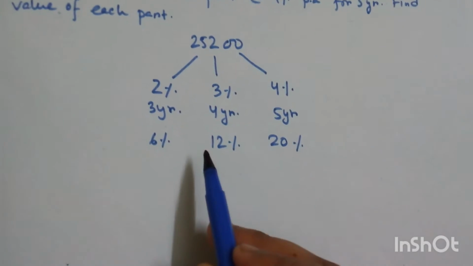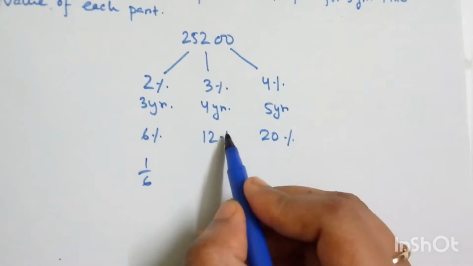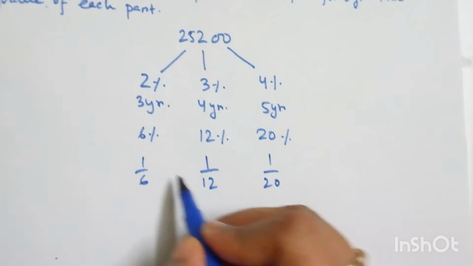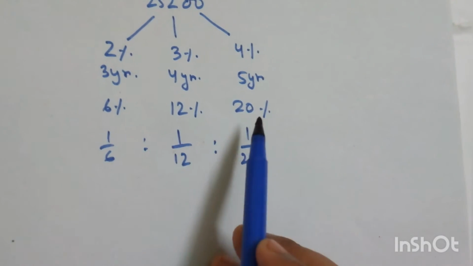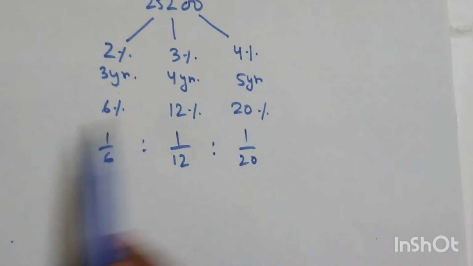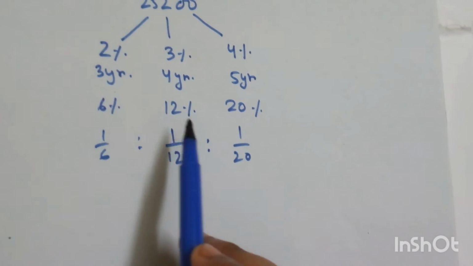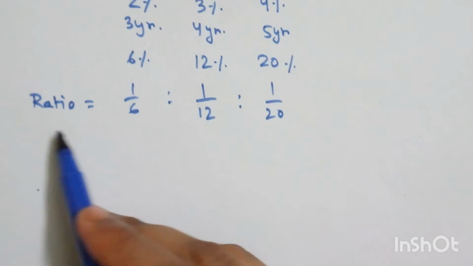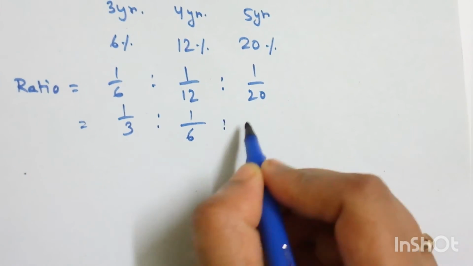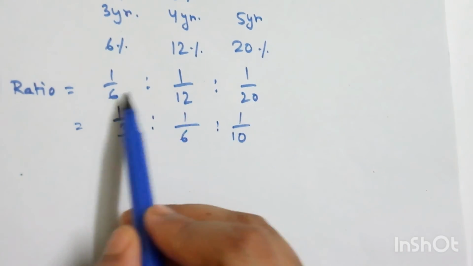The ratio of the 3 parts will be 1/6, 1/12, 1/20. Just the reciprocal of these numbers. As it is percent for all these 3, it will be 6/100, so 100 will be cut out. So the ratio will be 1/3, 1/6, 1/10, as these are all divisible by 2.